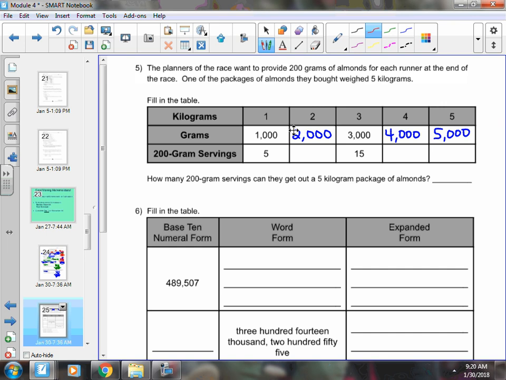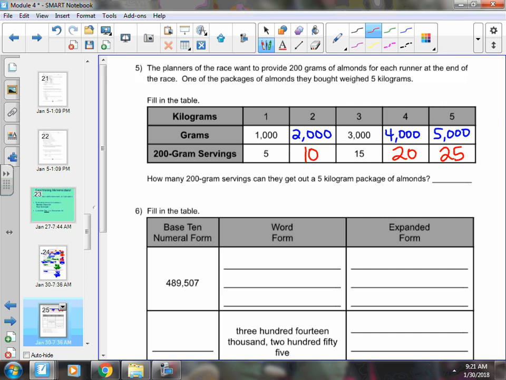So if I double that and have 2 kilograms, I'm going to have another 5 200s. Okay? So every kilogram is 1,000 grams. And every 1,000 grams, I can have 5 200s of that. Okay? So notice that the bottom row is going up by 5 each time.